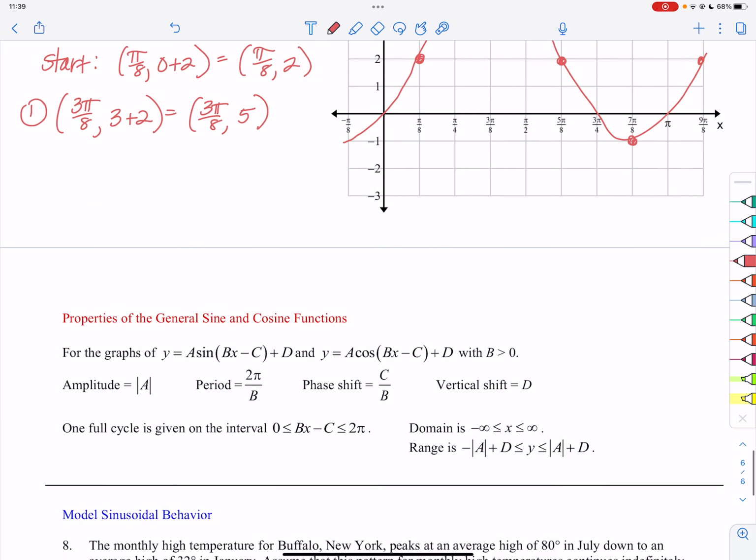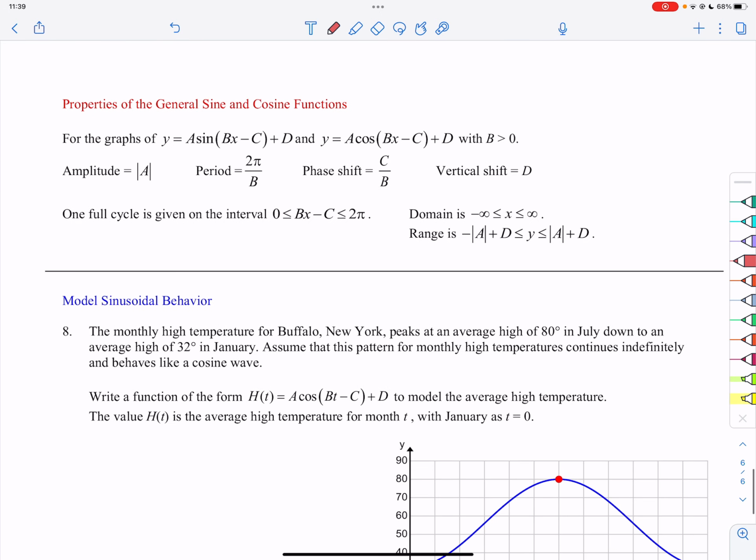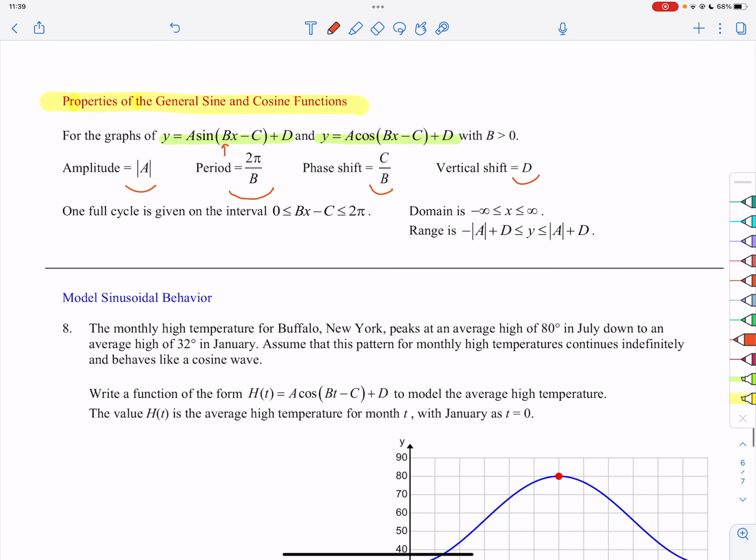Okay, let's just take this in general, and we are given a very nice sine and cosine with all of the transformations. We are summarizing what the amplitude is, absolute value of A. Period is 2 pi divided by B. The phase shift is C divided by B. And our vertical shift is D. One full cycle is given when we place that Bx minus C within that three-part inequality.